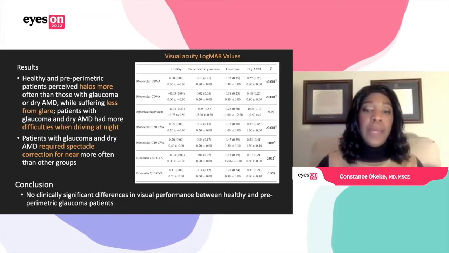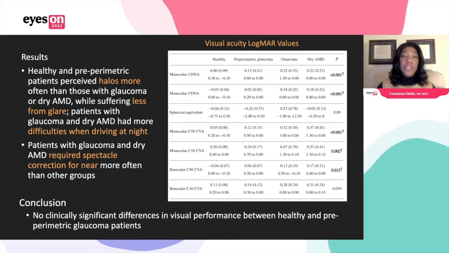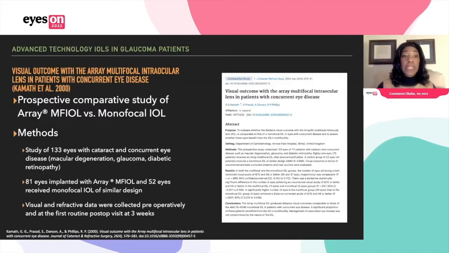And so here they were able to deduce that in patients who had pre-parametric glaucoma, so very mild, with no signs of any kind of visual field loss, and comparing those to healthy eyes, they were comparable. So maybe they're shedding light that patients with very early disease could benefit from a multifocal lens.